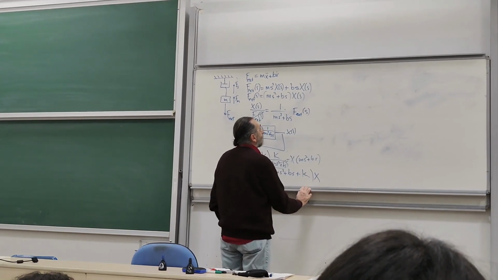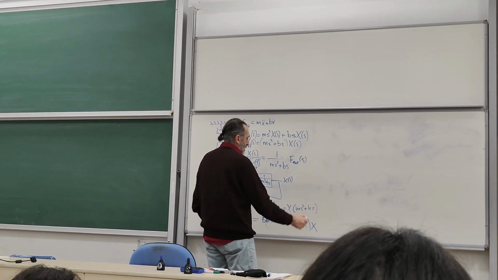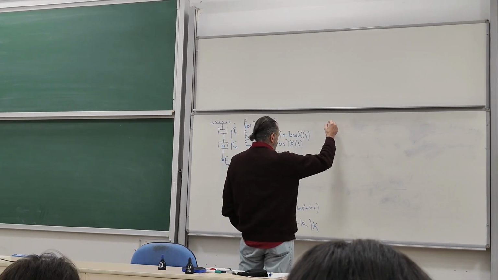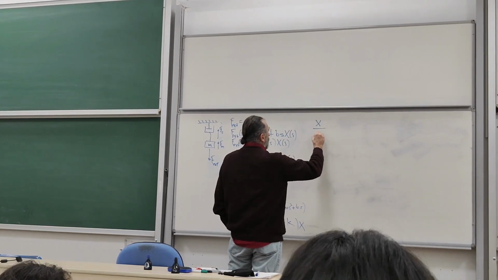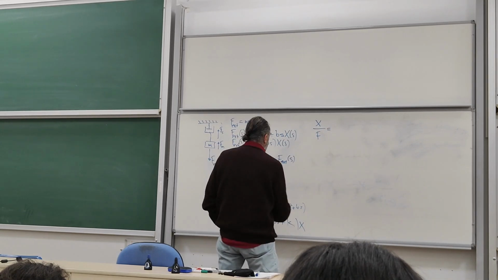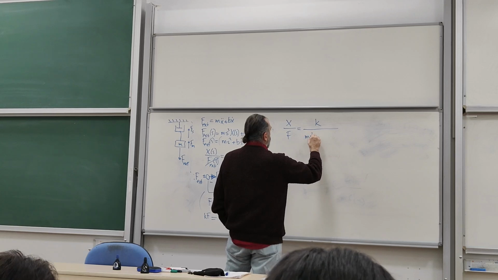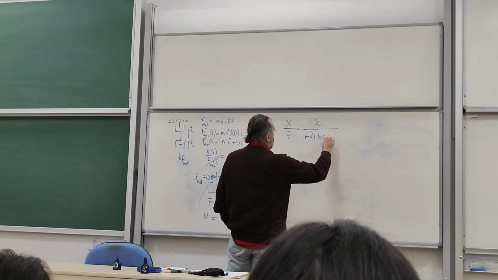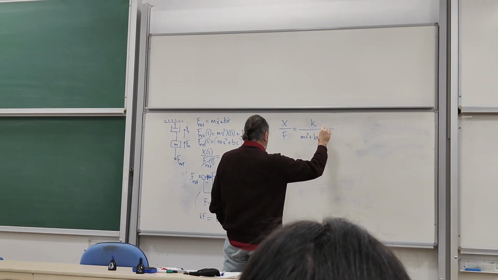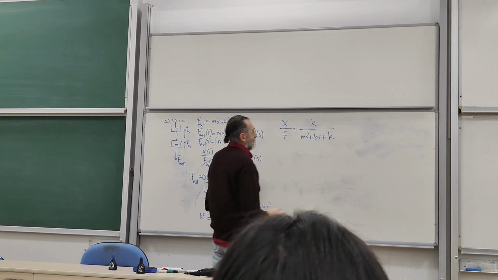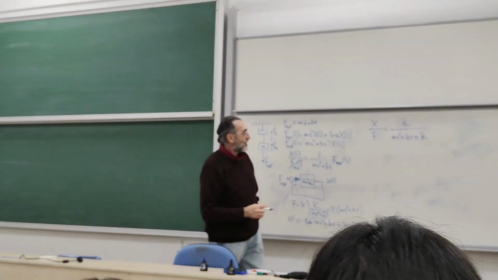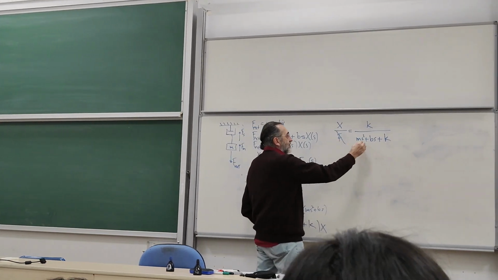And then X over F becomes K over m s squared plus d s plus K. That's better. So we put that here.